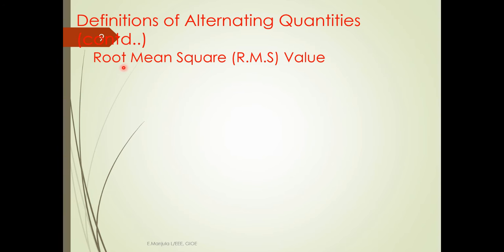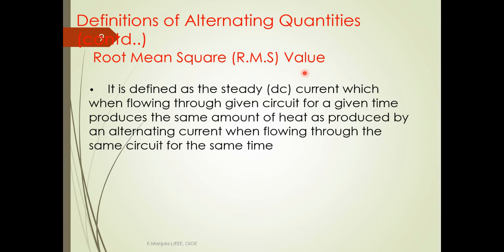And RMS, that is root mean square value. What is a root mean square value? Here it is defined as the steady or DC current which, when flowing through a given circuit for a given time, produces the same amount of heat as produced by an alternating current when flowing through the same circuit for the same time. Okay.